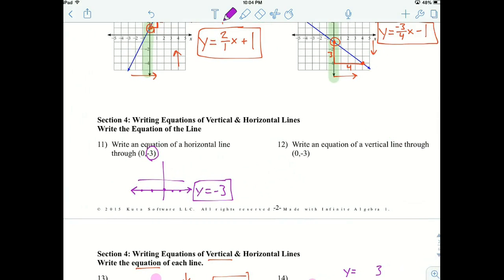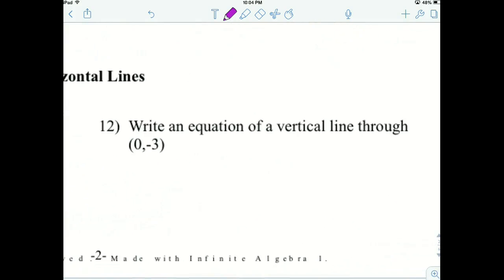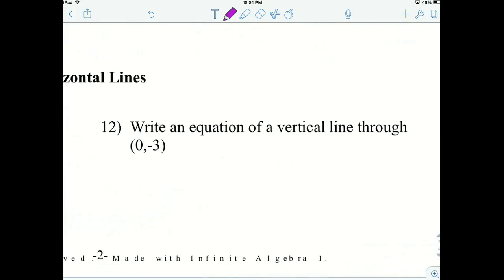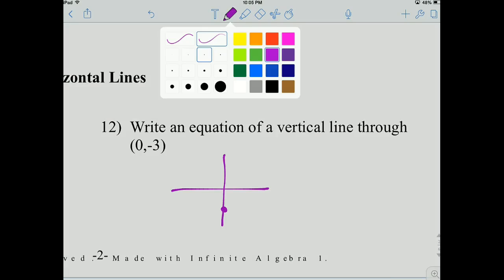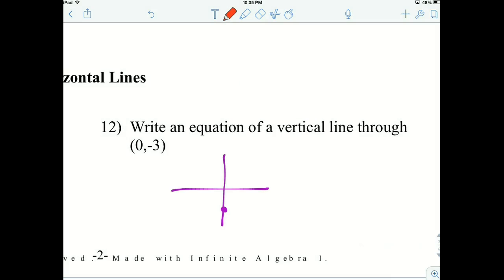We have the same exact point, but this time we're asked to make a vertical line through that point in the next problem. If we make a quick sketch of that, (0, -3) is down here. The actual vertical line through that point is going to be right here, the same as the y-axis.